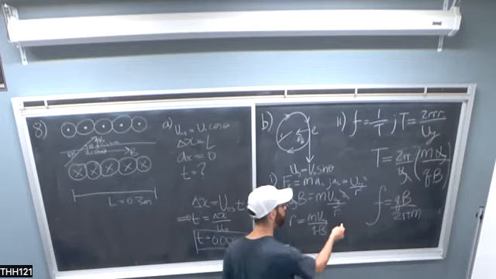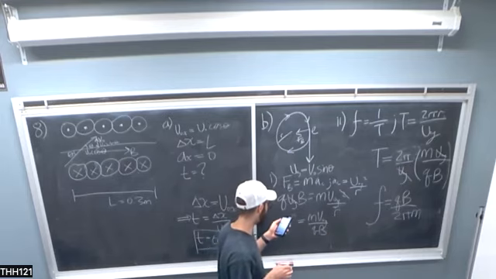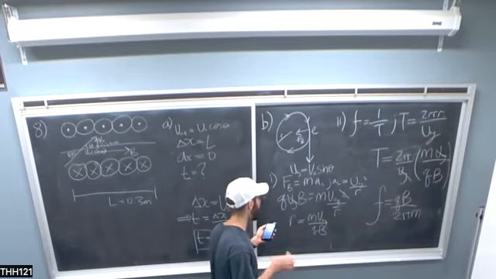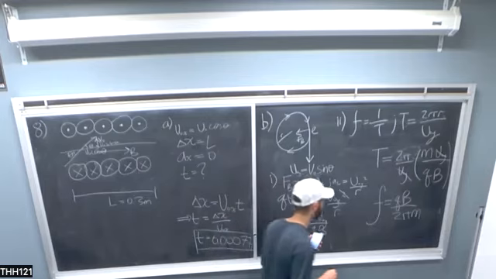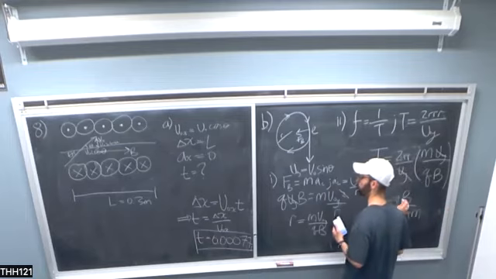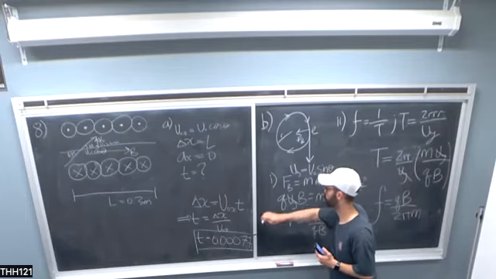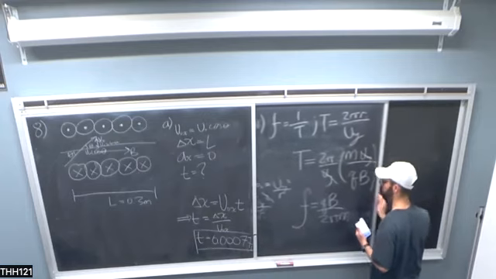Okay, so now we need to ask about the magnetic field. This magnetic field is different. It's in a solenoid, right? So the magnetic field in a solenoid is equal to mu naught n I divided by its length, right? Where that n is the number of loops.